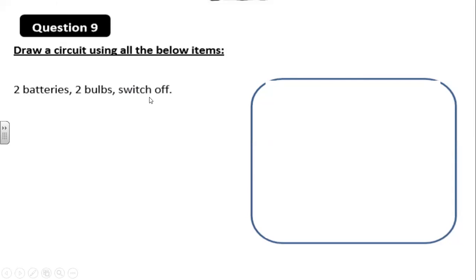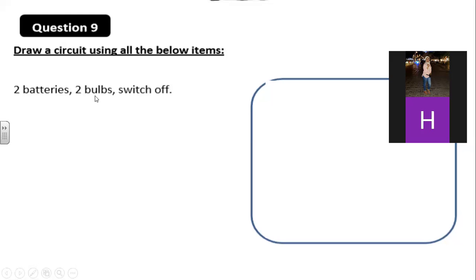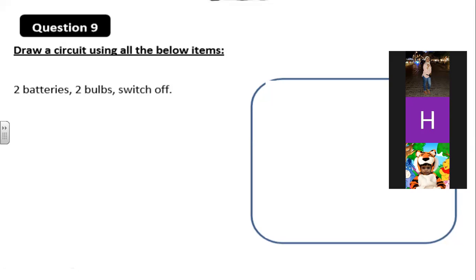Maya, tell me, what is the battery symbol? A circle and the X inside it. No, the batteries, not the bulbs. Oh, it's a long line and a short line. Very good. The bulbs are the circle with X inside it.